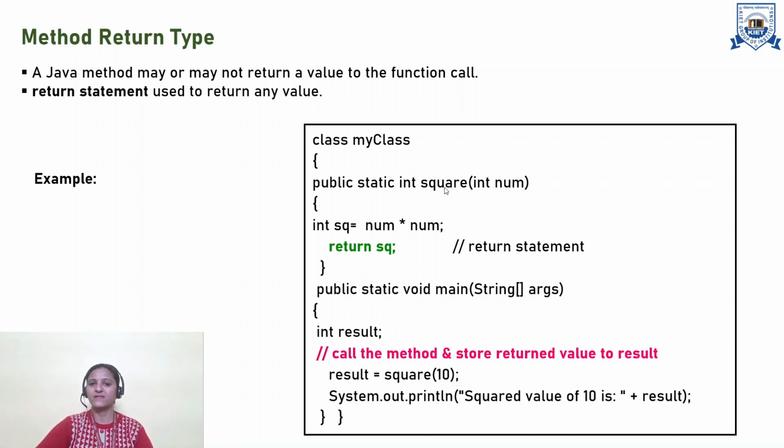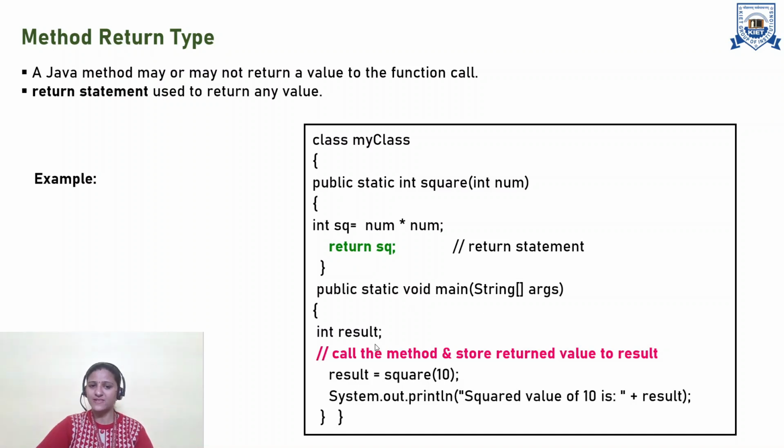The name of the method is square. So it receives one argument whenever it is called. It will multiply this variable with itself, and assign it to the variable sq. And finally, whatever it contains will be returned to the point from where it is called. So this is the work of the method square.